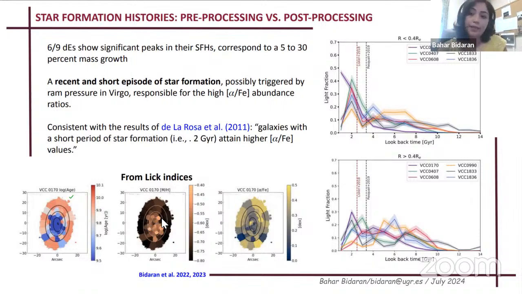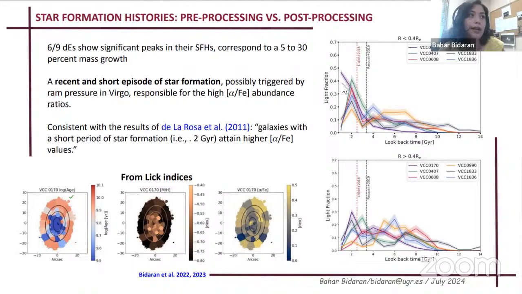And also at the same time, because we are also using the full spectral fitting, we defined two different beams, central and outer skirts. So central is up to 0.4 effective radius of each galaxy, and outer skirts is beyond 0.4 effective radius. And we binned the MUSE data, and we ran the full spectral fitting.